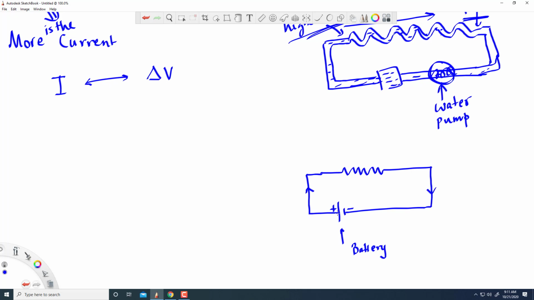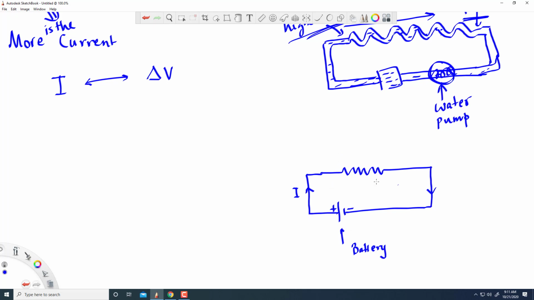So it starts from here and then goes all around. So that's the flow of current. And this is again conventional current, not actual current, but it doesn't make any difference with our dealing with the circuits.